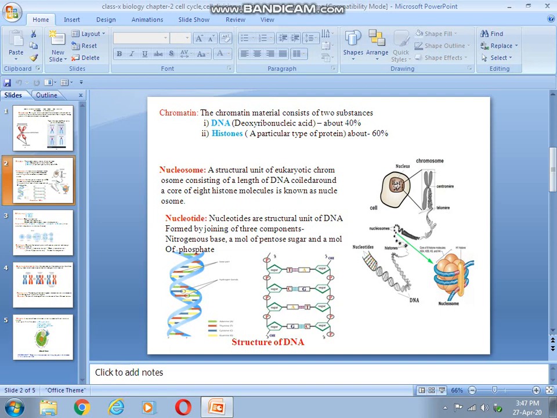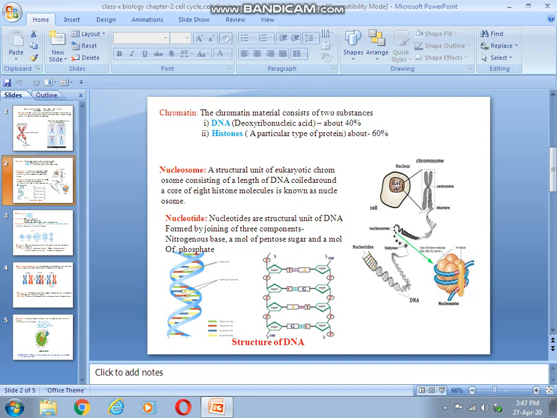So I am discussing about nucleotide. I have already told you that each strand of DNA, that is the blue structure, has a very complex chemical structure. Each strand, I told you already, is composed of thousands of repeating nucleotides. And you just see the next diagram given on the right hand side.